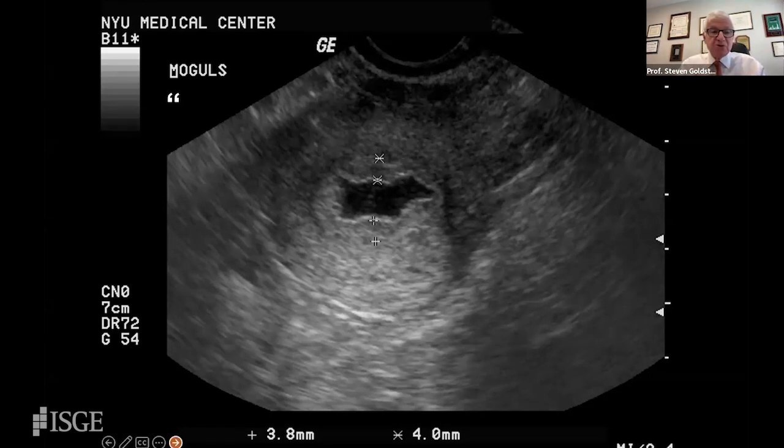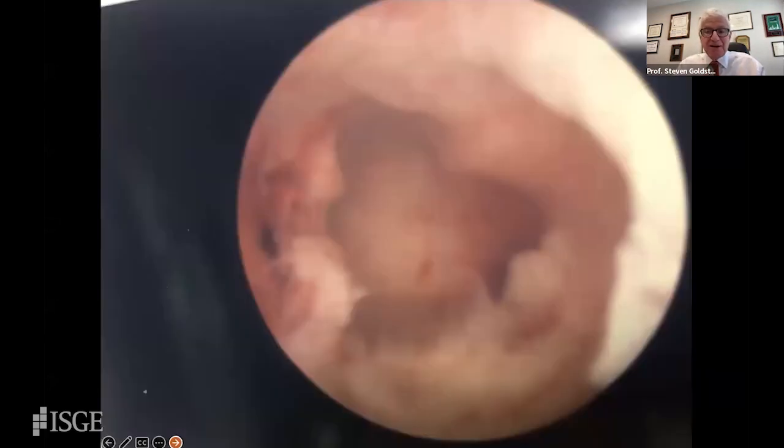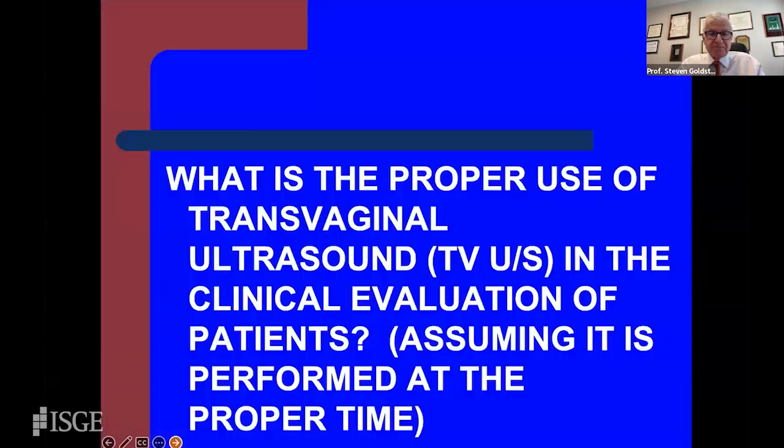And for those of you who go skiing, we have labeled these endometrial moguls. And if we look hysteroscopically at this patient later in the cycle, this is not necessarily abnormal. This is not a small polyp. This is the way the endometrium can lay itself down during the course of a normal cycle.